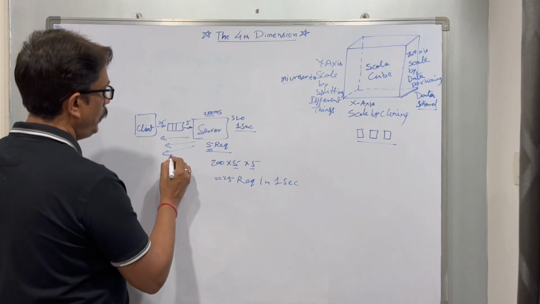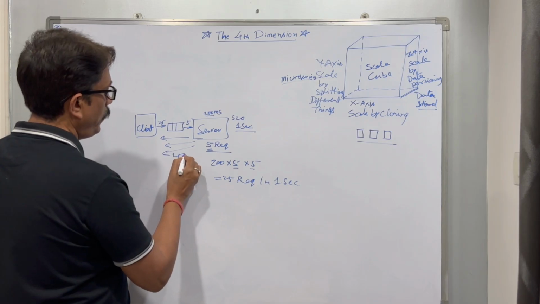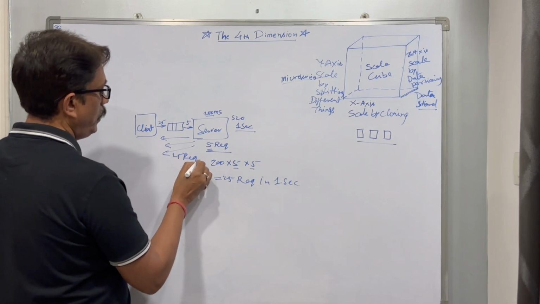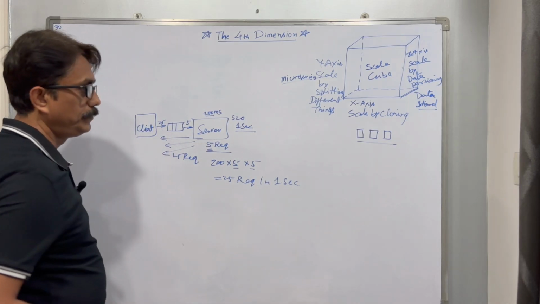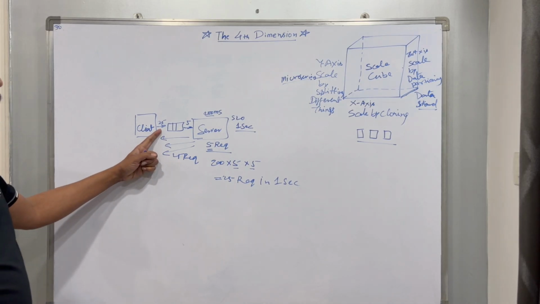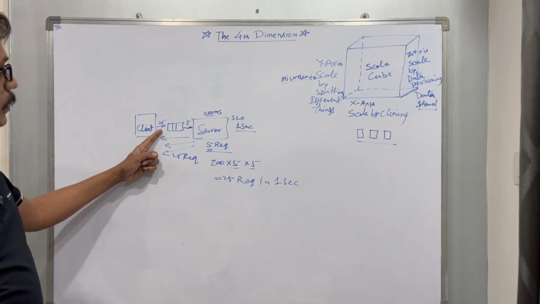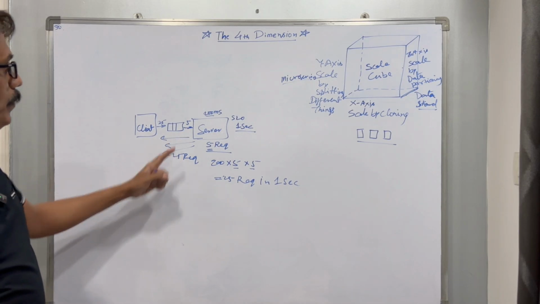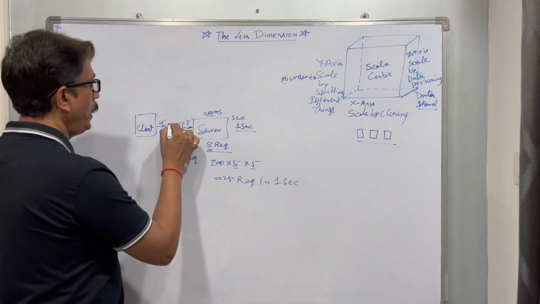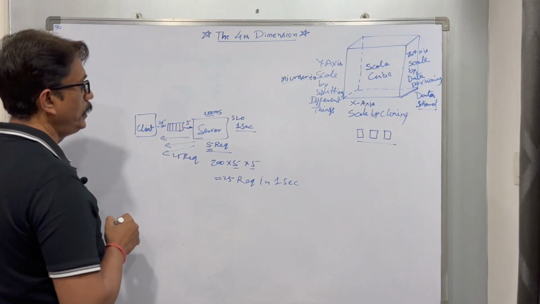Within 1 second we can process 25 requests, and we don't have to reject requests beyond 5, because we have a temporary area where we are holding these requests.